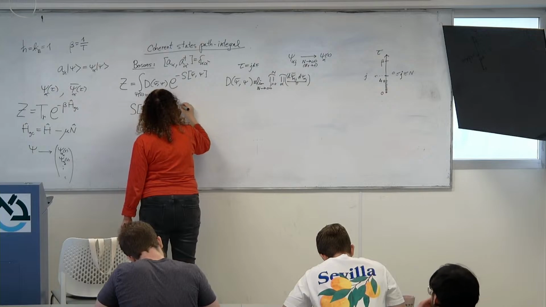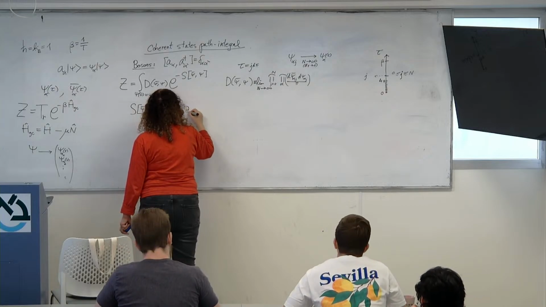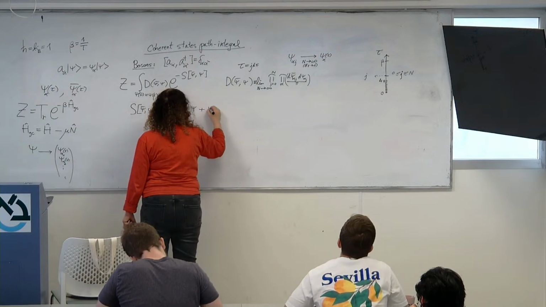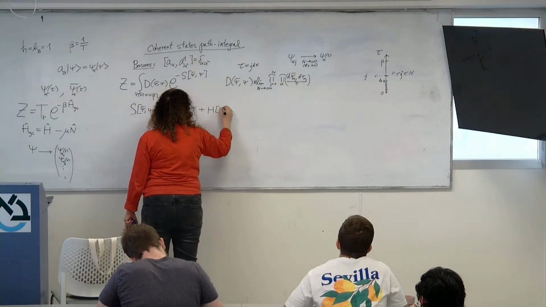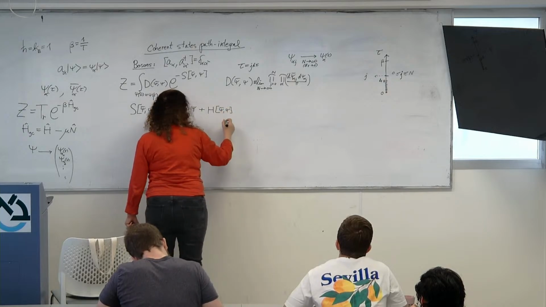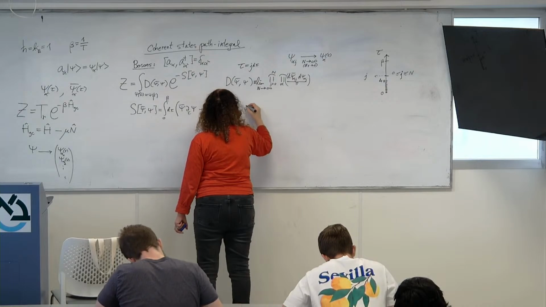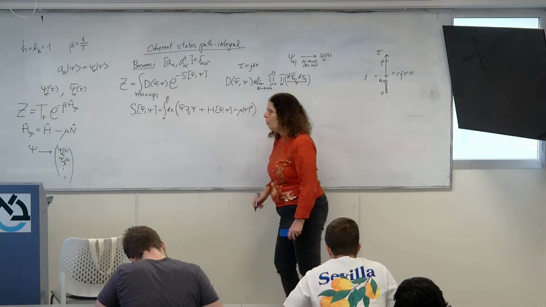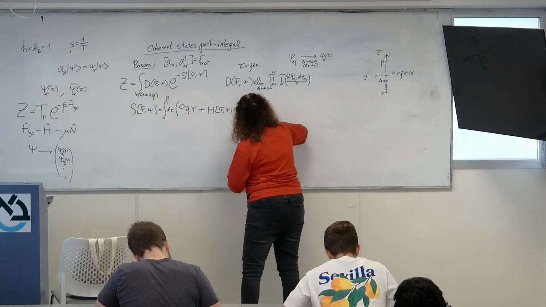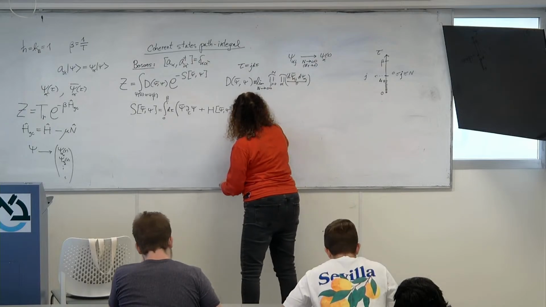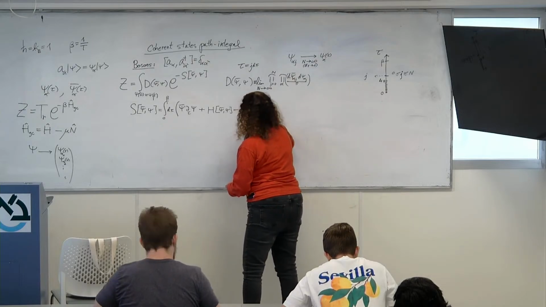It's psi bar d tau psi plus h of psi bar psi minus mu psi square. Okay? Or actually, let me write it, although it's identical, I prefer to write it like this.